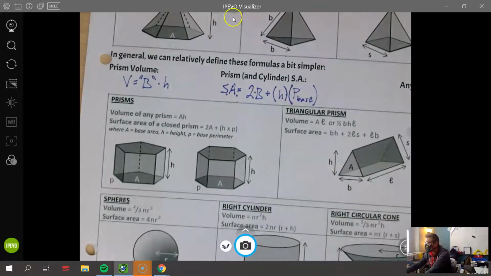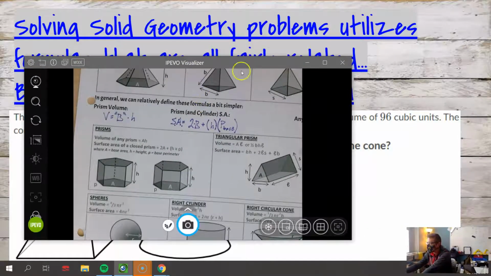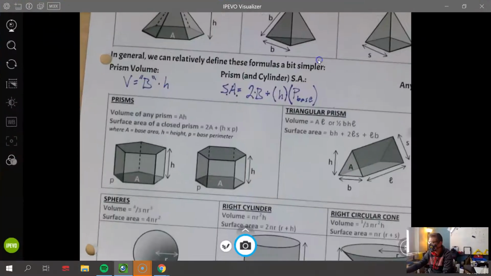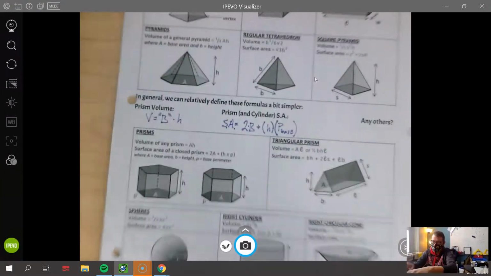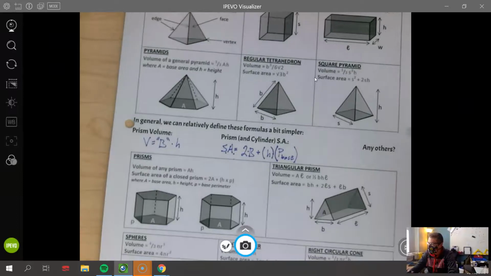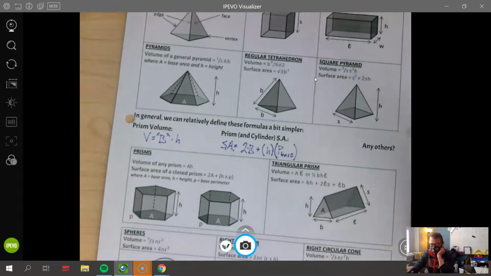So we'll come back to talk about, are there any other shortcuts? Actually, before we move on, do you see any other shortcut notations if we're doing pyramids?